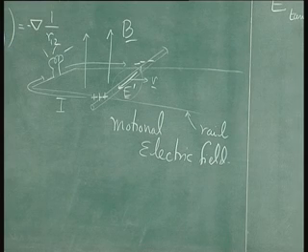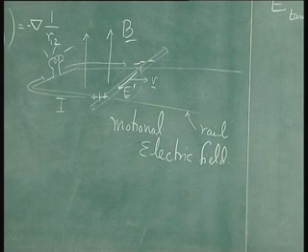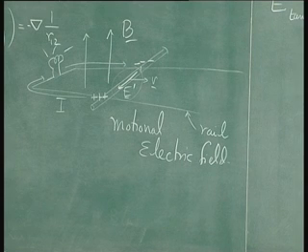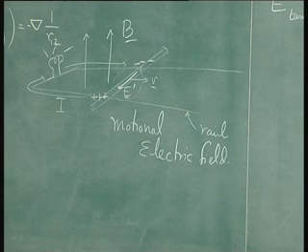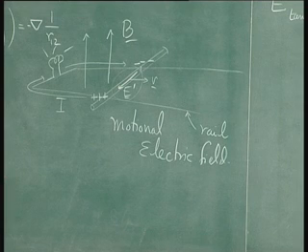Now, this electric field was detected first by Faraday, and that is why in fact the law that comes out of it is called Faraday's law, and he did it in different ways. Basically what he was doing was something slightly different.